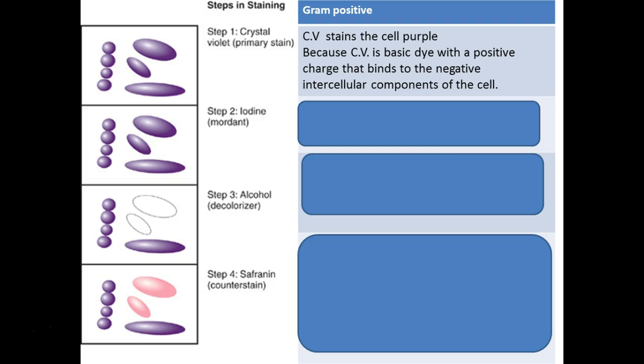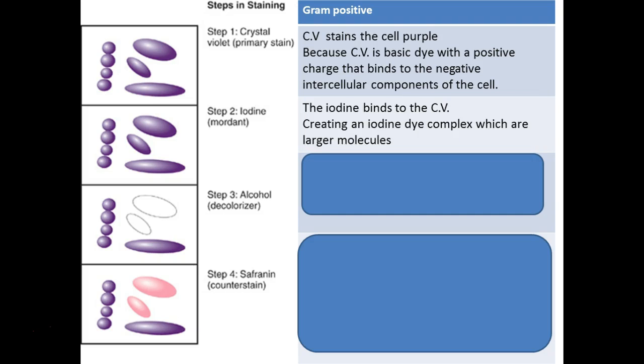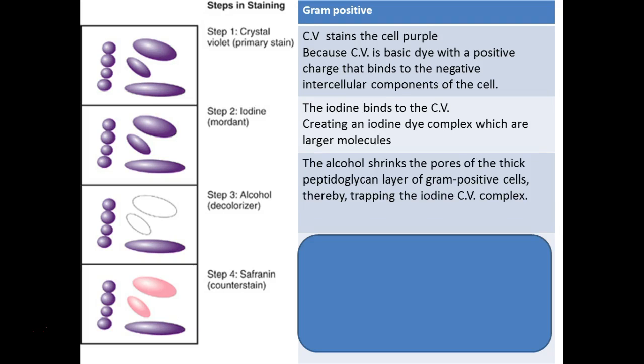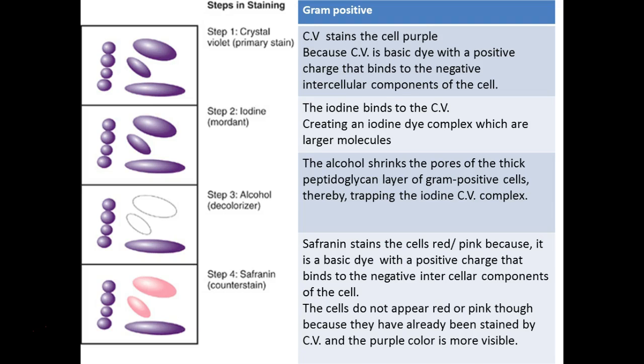What does the iodine do? It combines with the crystal violet. Okay, now we're going to do alcohol. What's going to happen? It shrinks the peptidoglycan layer and traps in the crystal violet iodine, so the cells are still purple. Then we're going to stain with safranin. It's going to go in, but the cells are still going to look purple.